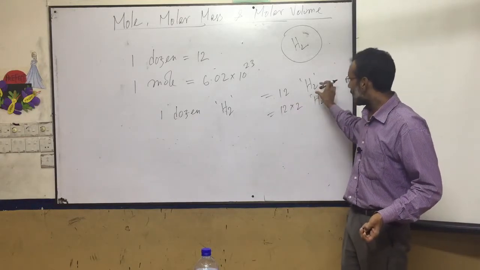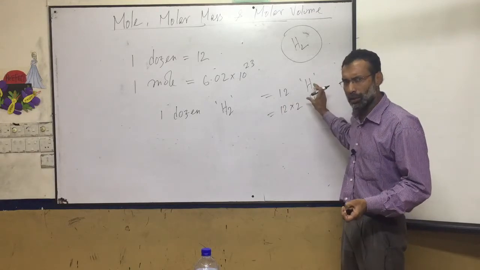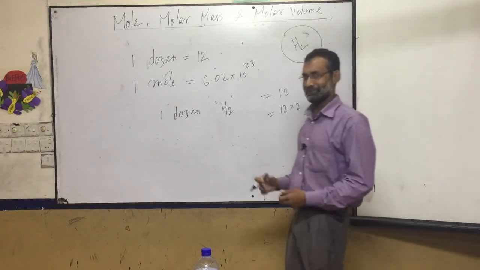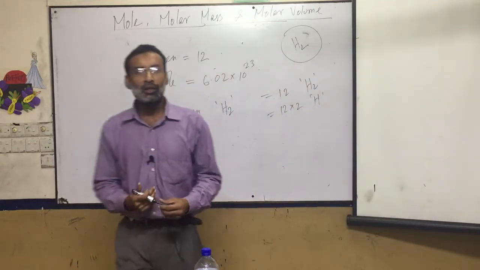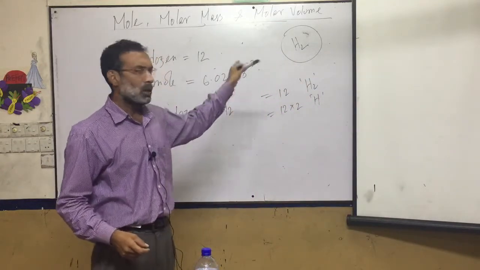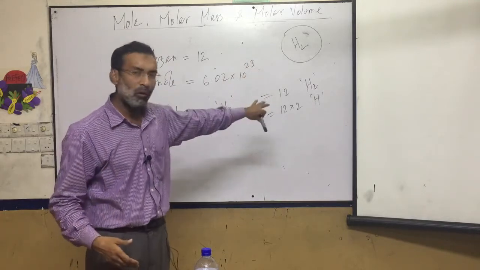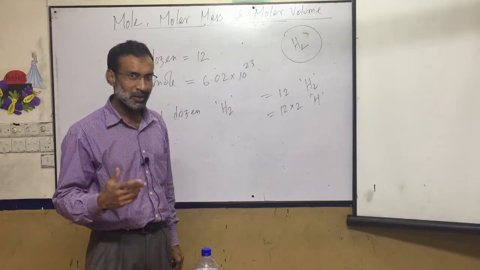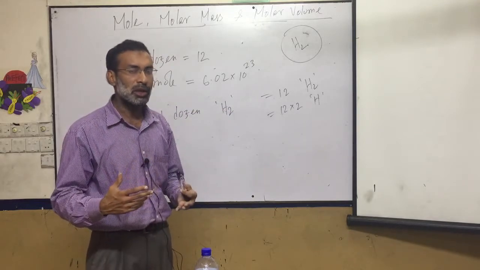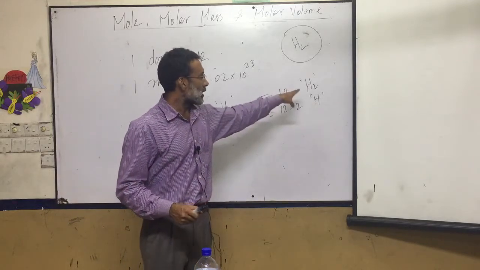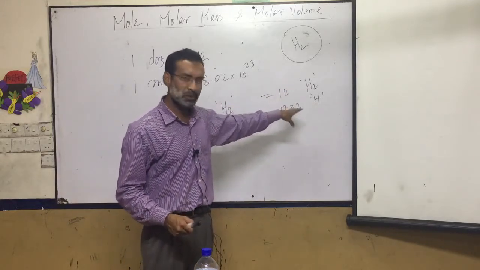Because each molecule consists of 2 atoms. Here will be H atoms. That means 12 molecules of hydrogen consist of 24 H atoms, because each molecule consists of 2 atoms.